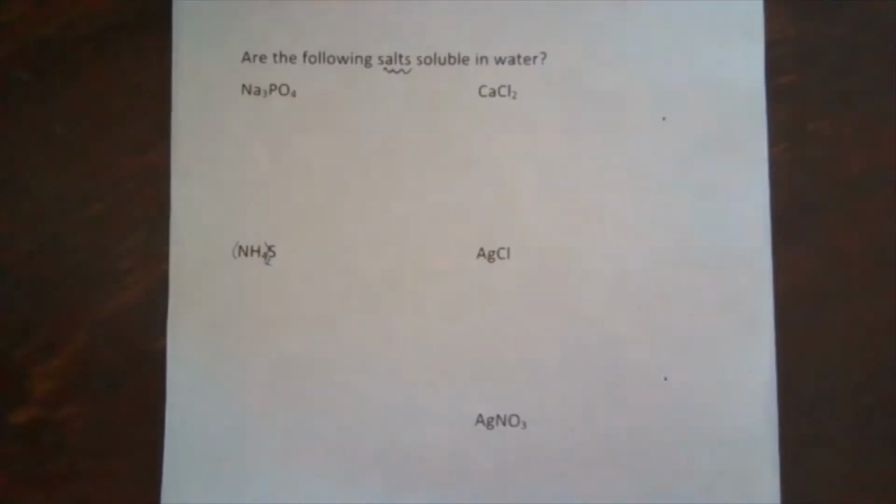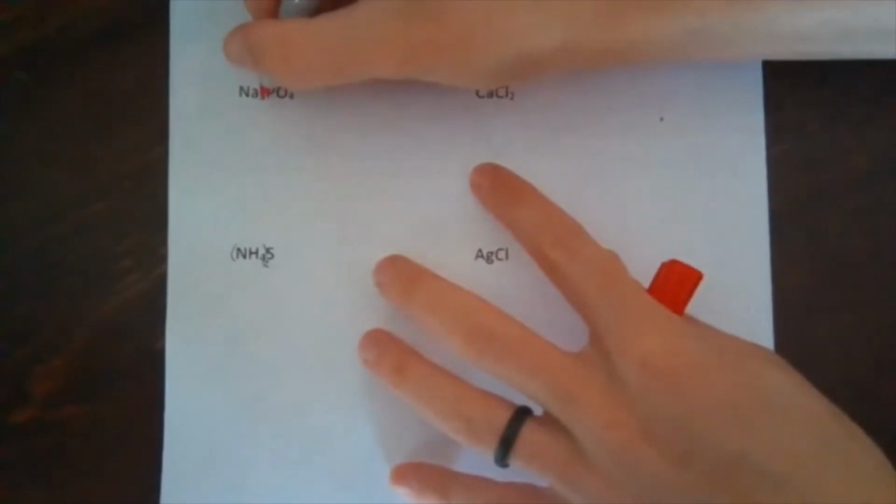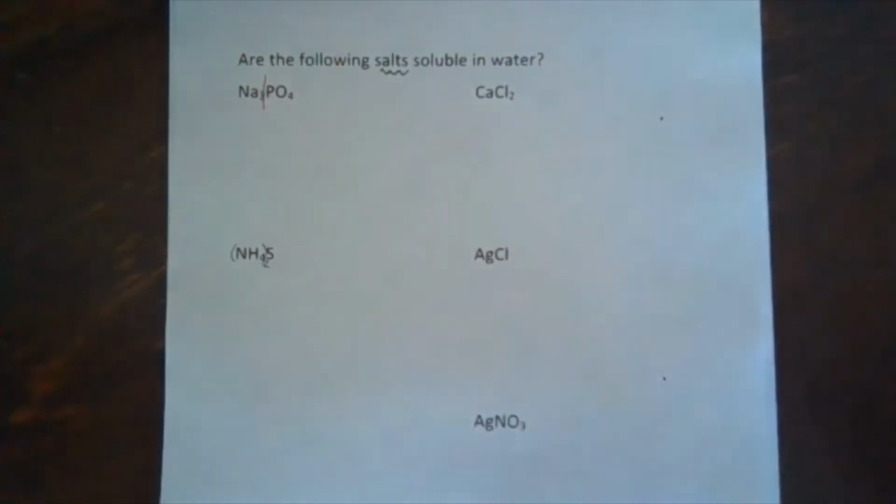Just like we saw when looking at dissolving things and naming, we're figuring out what ions are in the compound. We want to use that same idea. What is in the compound? If I have Na3PO4, we know Na is sodium, so that's going to be my cation right there.